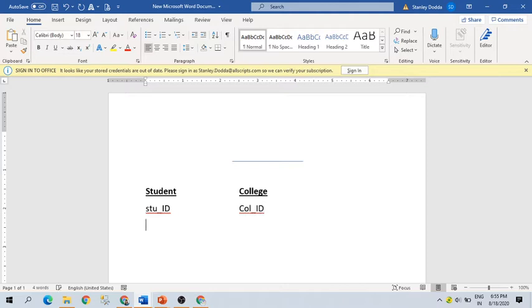Similarly, one more is student name. For college we have college name, and also for student we have student address. These are the fields we can have in a table.